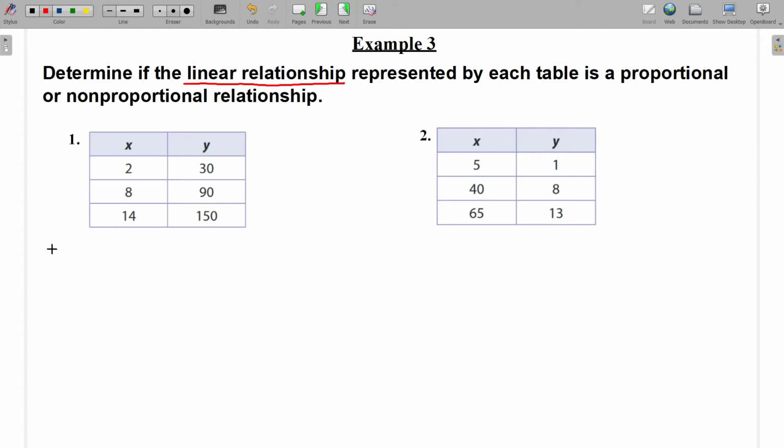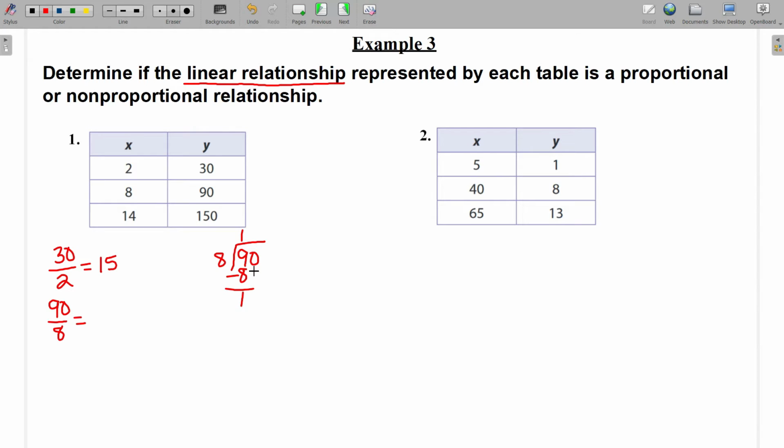So in this first ordered pair, I'm going to take 30 and divide it by 2. When I take 30 divided by 2, that gives me 15. Then I'm going to compare the next y to x value, which is 90 divided by 8. You may not know this off the top of your head, so you may need to go over to the side and take 90 divided by 8. I see that 8 goes into 9 one time.